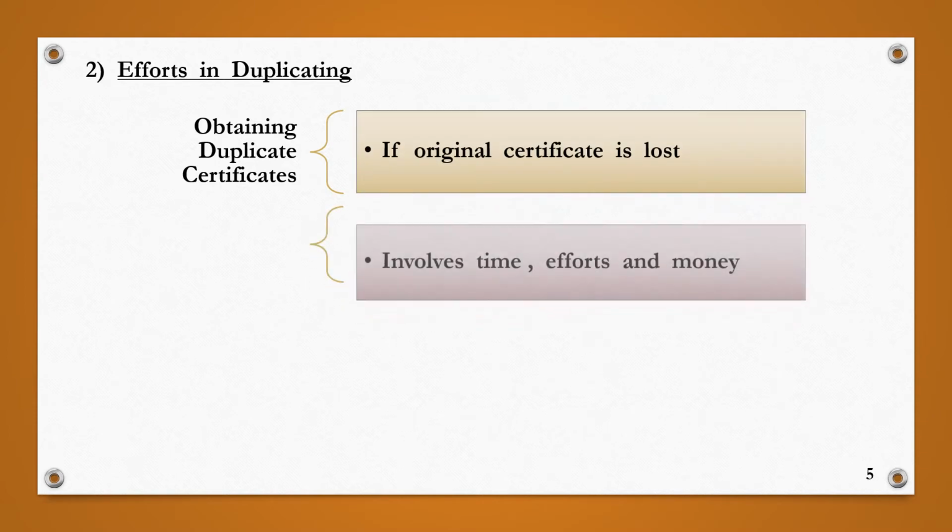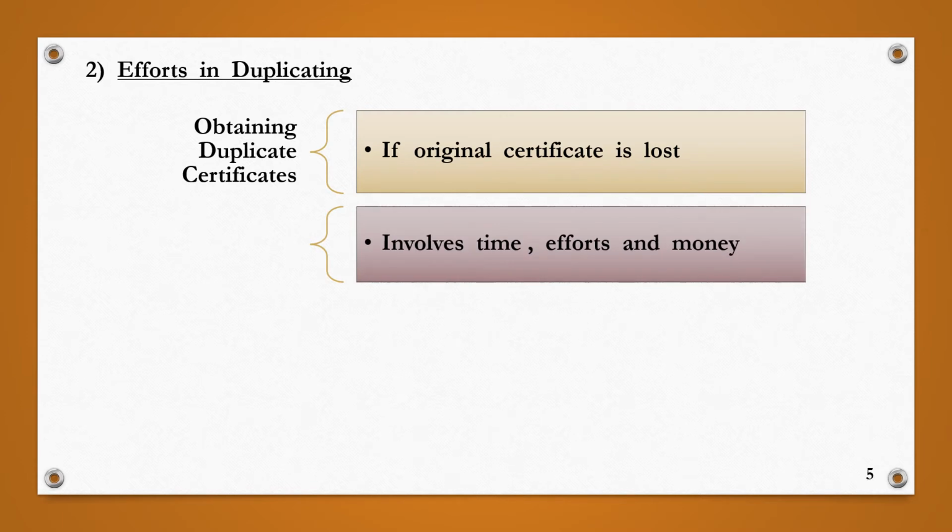But to obtain such duplicate certificate involves time and efforts on the part of company and the investor, and also it involves money on the part of investor. That is why it takes a lot of pains to obtain duplicate certificate in physical form.